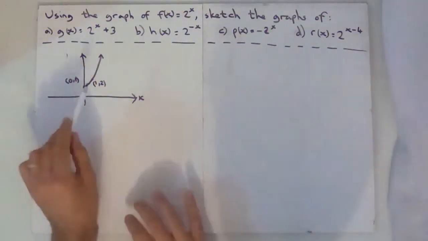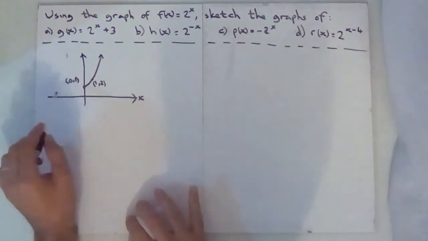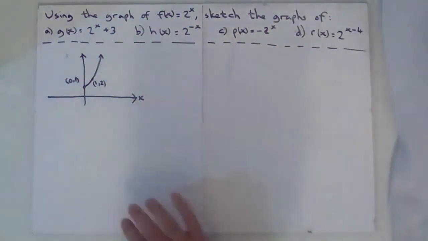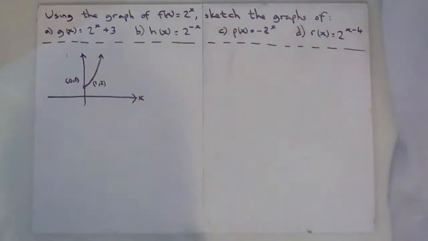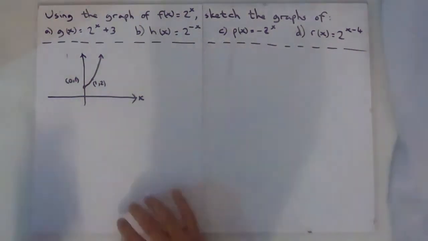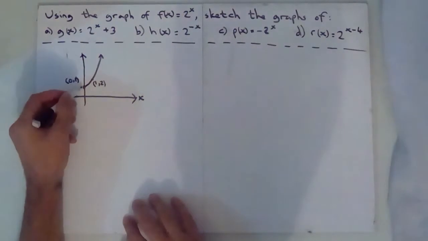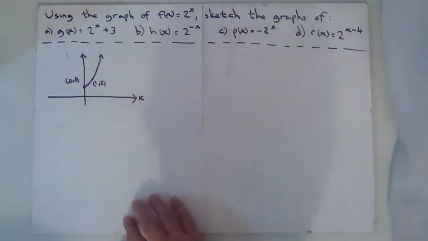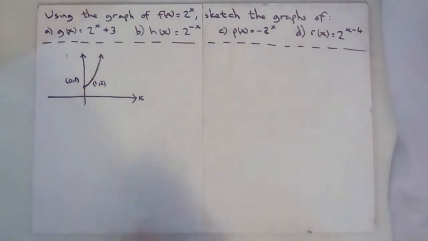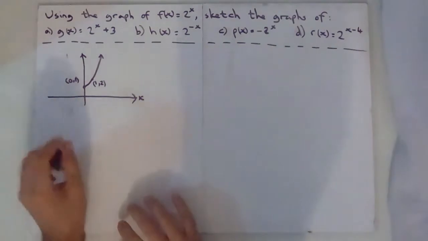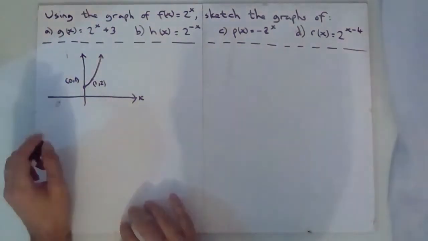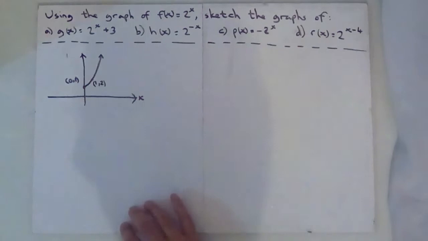Then the other way, you're into negative x's. 2 to the power minus 1 is the reciprocal of 2 to the power 1, so it's going to go through (-1, 1/2). 2 to the power minus 2 is 1/2 squared, which is a quarter, so it goes through (-2, 1/4), then (-3, 1/8), (-4, 1/16).